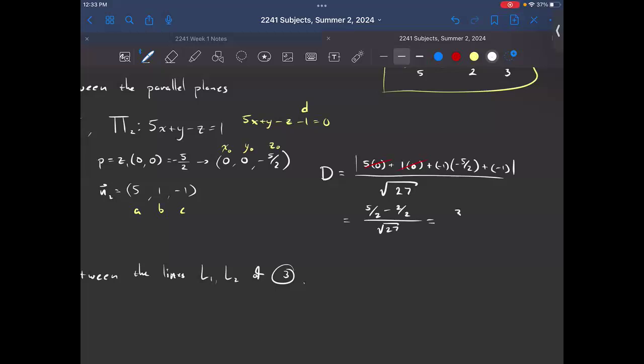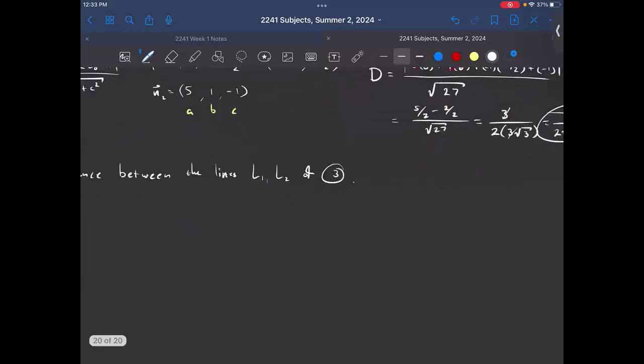So 3/2 times 3 root 3, or 1/2 root 3. That is our distance between these two parallel planes.